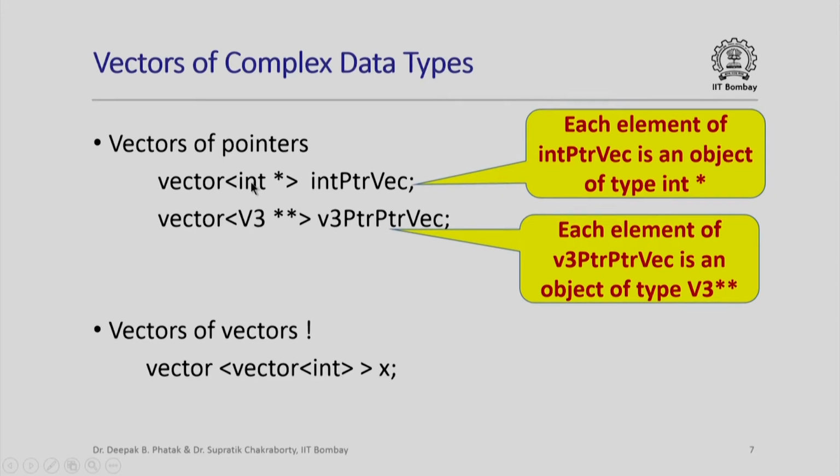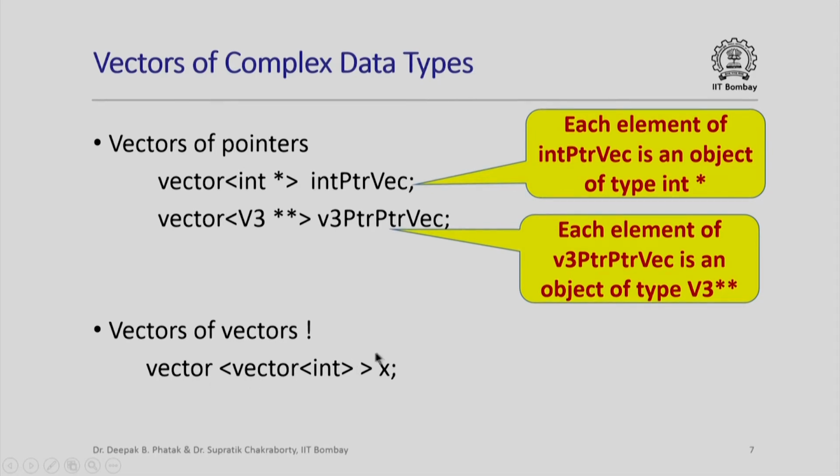Now, instead of having pointers or primitive data types or user defined classes here, why can't I have vectors of vectors? Since vector with the generic type instantiated by int is itself a class, it is an instance of a template class. So, I could use that to define another vector of that class.